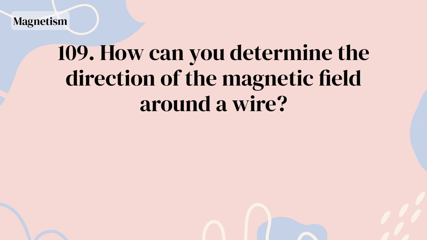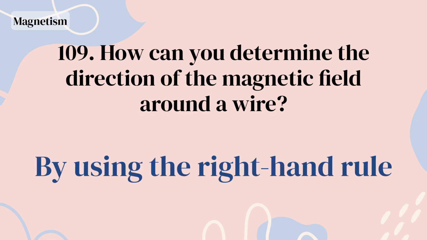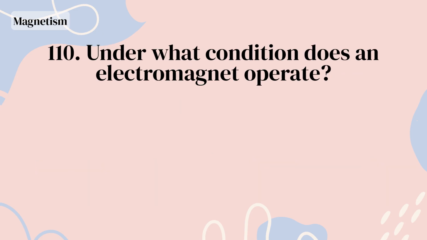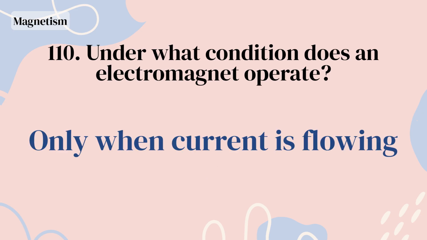How can you determine the direction of the magnetic field around a wire? By using the right-hand rule. Under what condition does an electromagnet operate? Only when current is flowing.